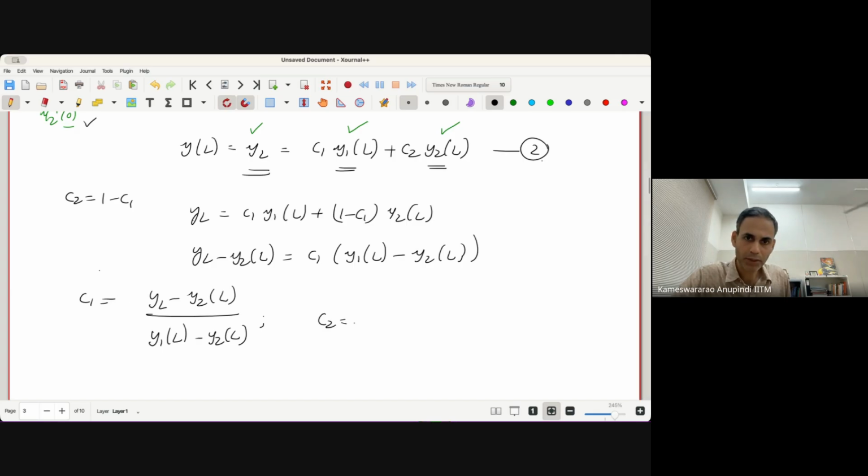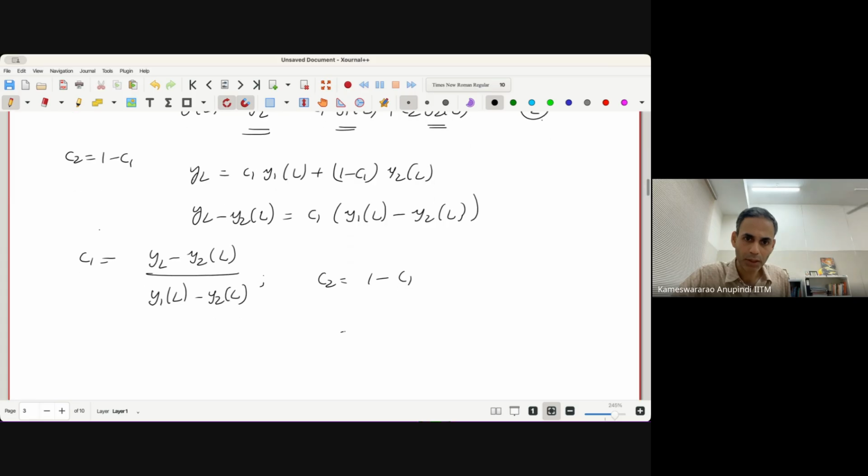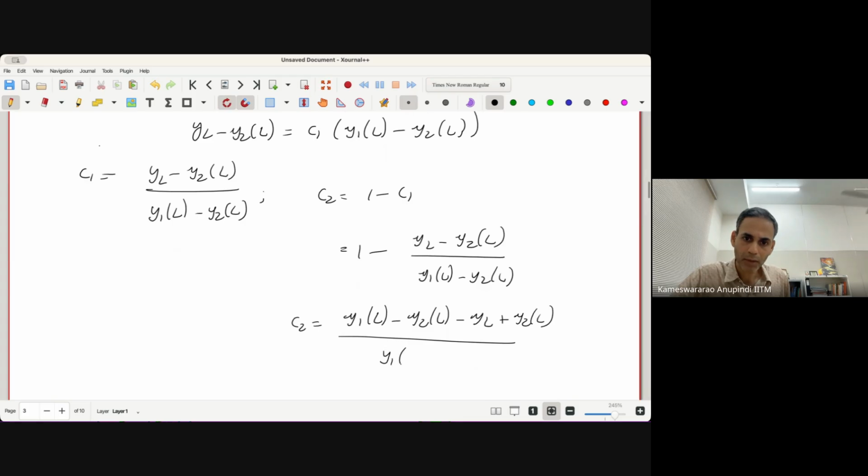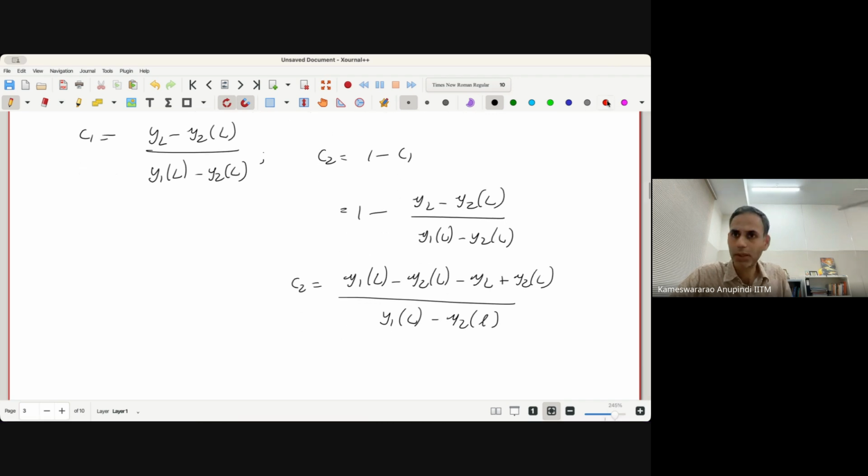Similarly, I can calculate what is C2. C2 equals 1 minus C1. So I can write this as 1 minus yL minus y2 of L divided by y1 of L minus y2 of L. That's going to get y1 of L minus y2 of L minus yL plus y2 of L divided by y1 of L minus y2 of L. Okay.